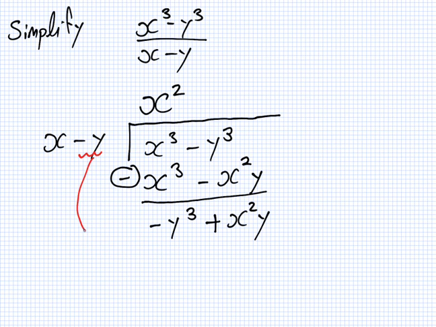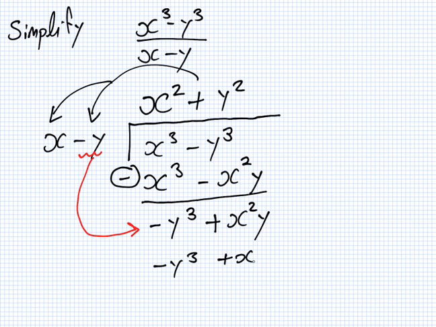How can I make y become this? What would I need here? Plus y squared. So if I do this part first, I would get minus y cubed, and then this part I would get plus xy squared. And then when I subtract, these go again. So I'm left with x squared y minus xy squared.